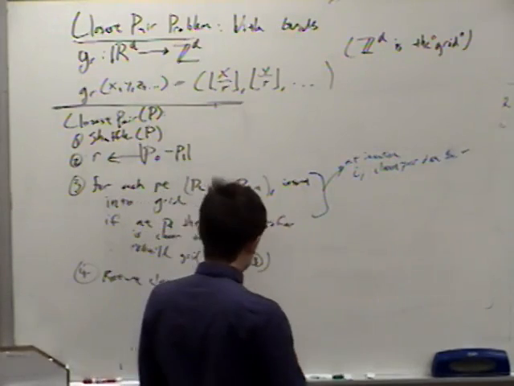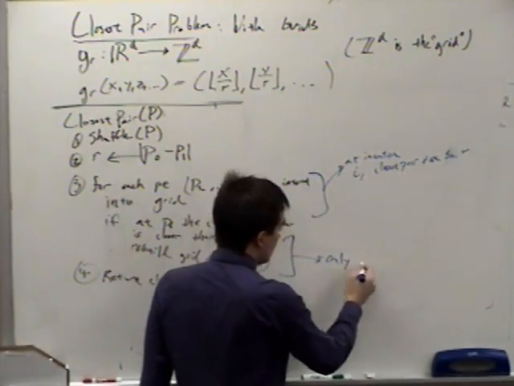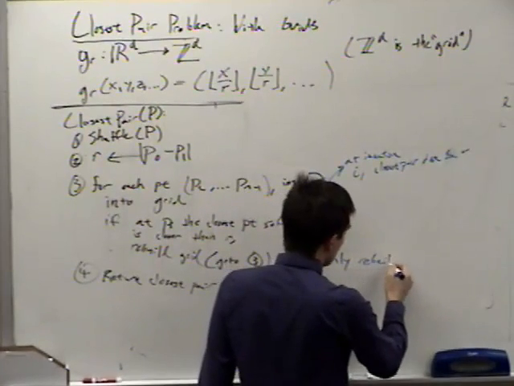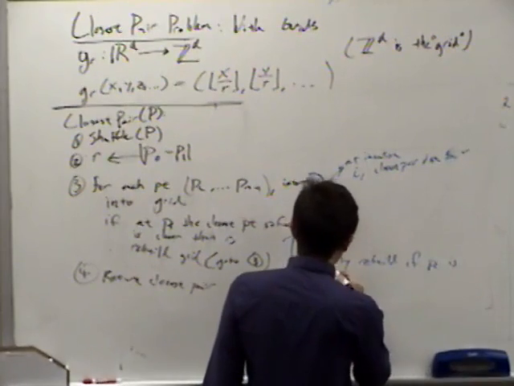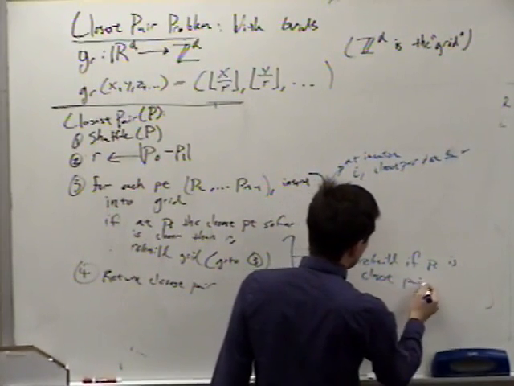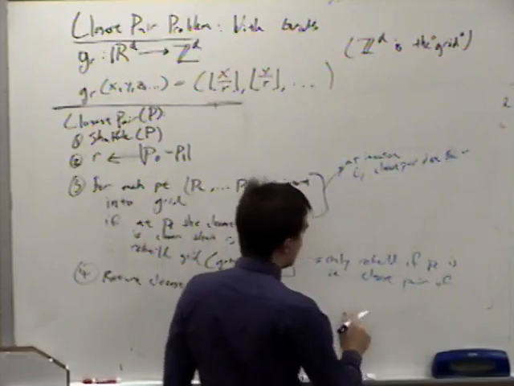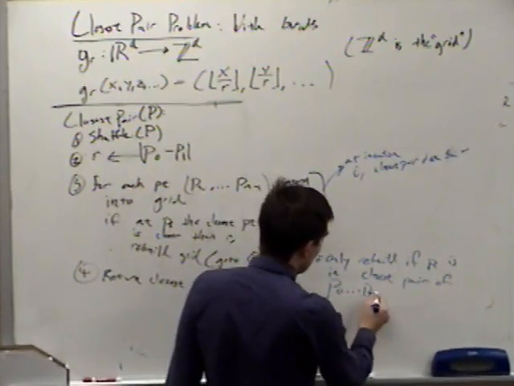So this is the next key point. We say only rebuild if p sub i is in the closest pair of p0 up to pi.